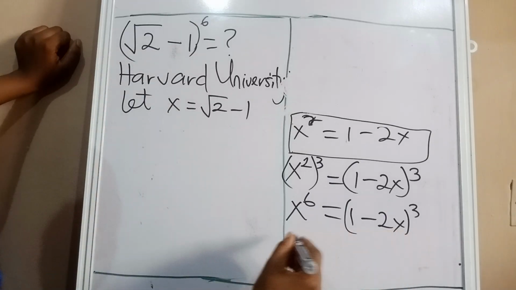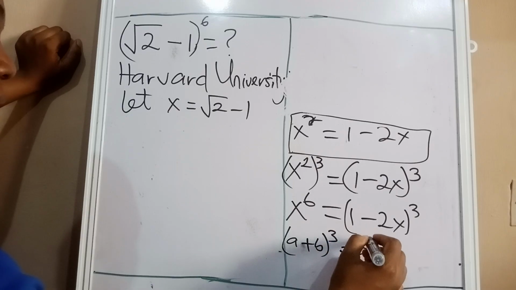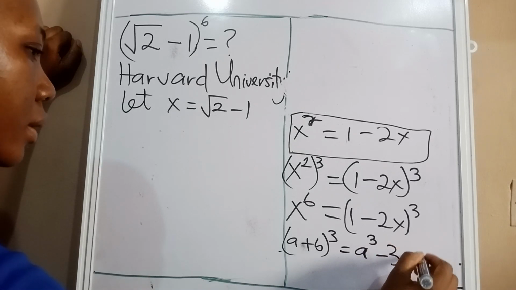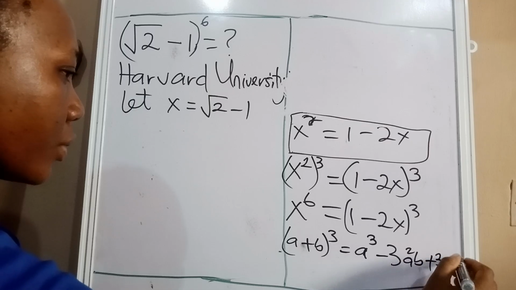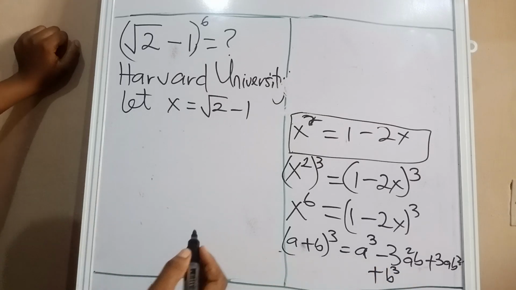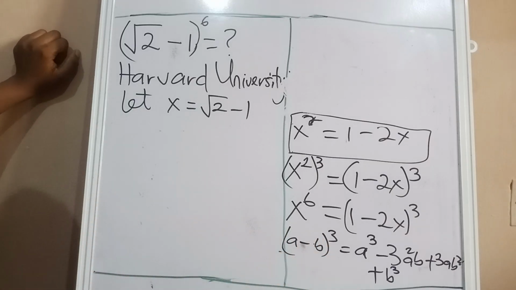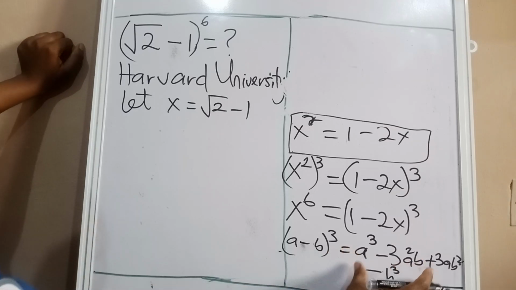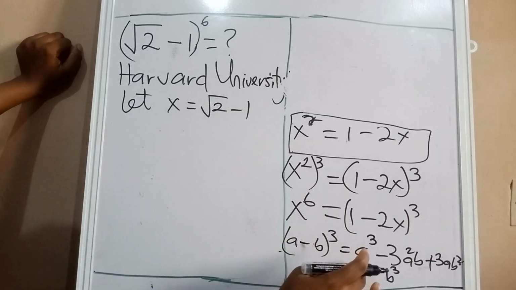Alright, so to expand this, we're going to use this expansion rule: (a minus b) cubed is a cubed minus 3a squared b plus 3ab squared minus b cubed. So we're dealing with a minus. This is what we're going to use to expand this, where our a is 1 and our b is 2x. So we have to be very careful.